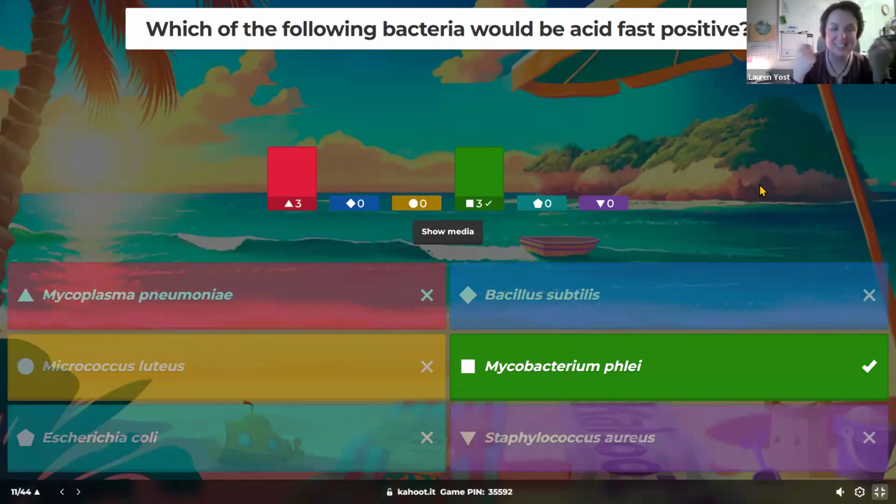But in the acid-fast stain, we are looking for an acid, technically, quote unquote, but it is a wax. Just like we have fatty acids, this is a type of wax. It's called mycolic acid and is a wax that might be on the surface of certain gram-positive organisms. And so the only genus that you need to know for my course that's able to have mycolic acid wax on its surface is Mycobacterium.